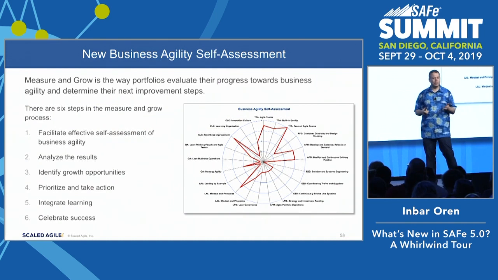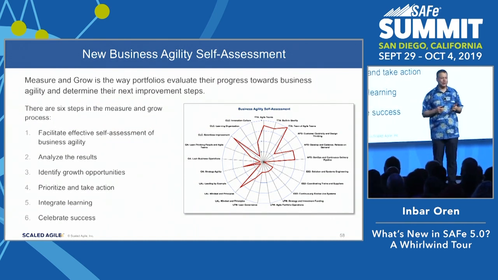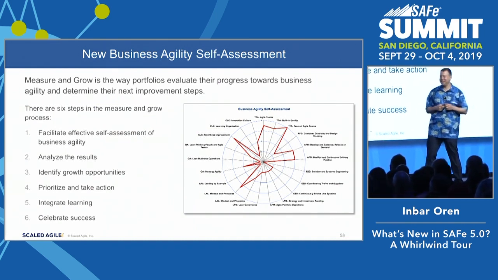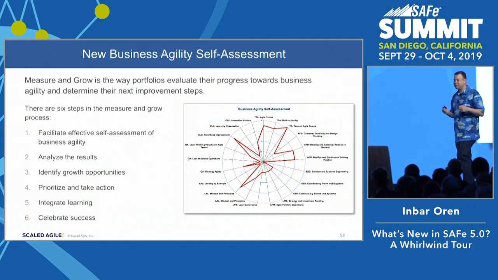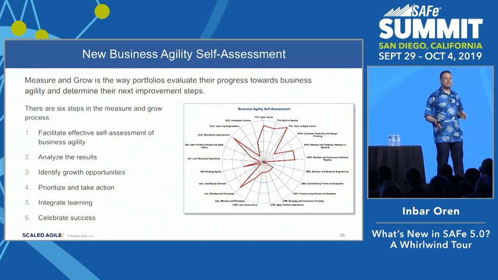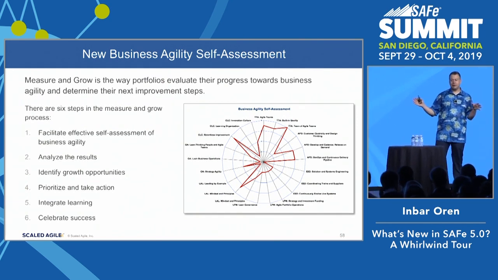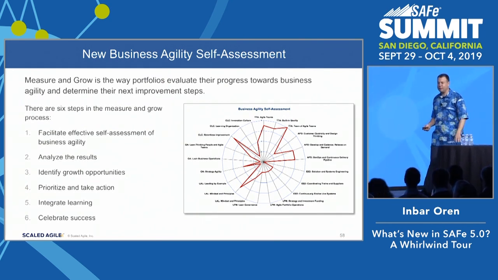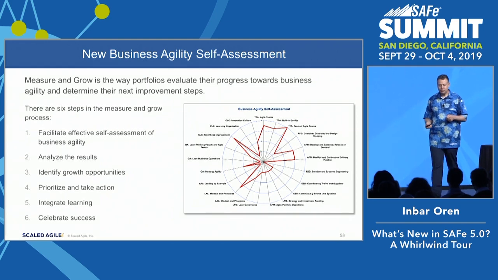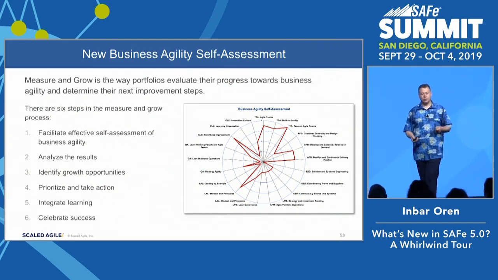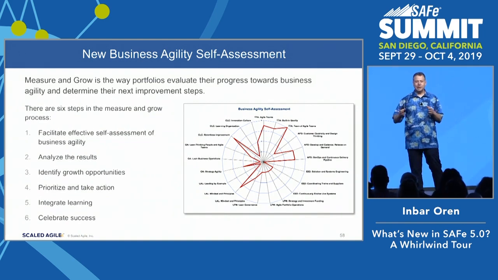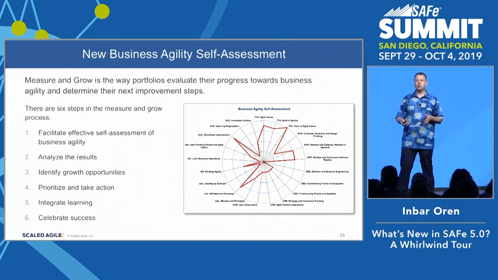How many revs did the organizational agility article go through? 14. He kind of gave up on us by 10 as we kept changing it. There's a lot of guidance there. And what we're covering here in 45 minutes is not enough. But I hope this gave you a taste of what business agility is, what 5.0 is, and encouraging you to understand where the changes are and where you should be delving deeper.